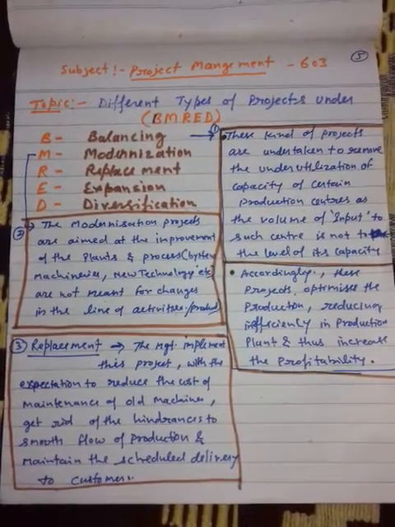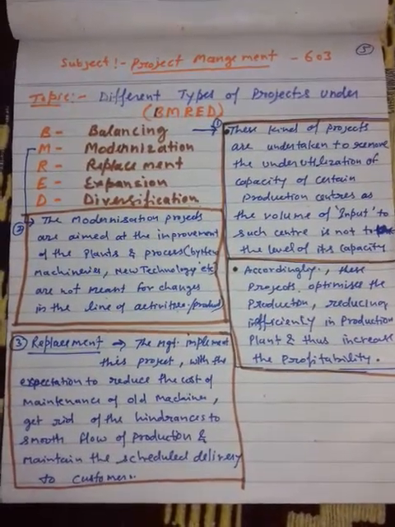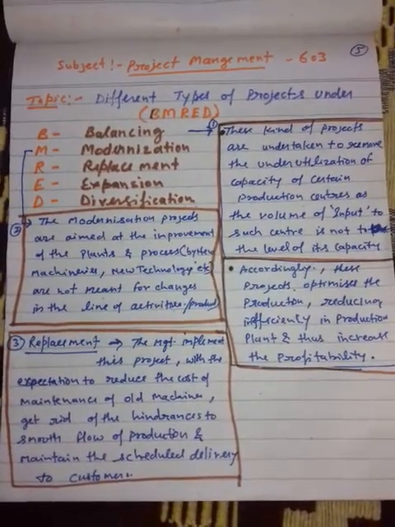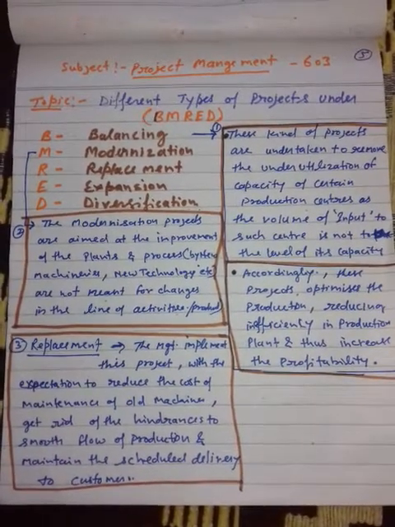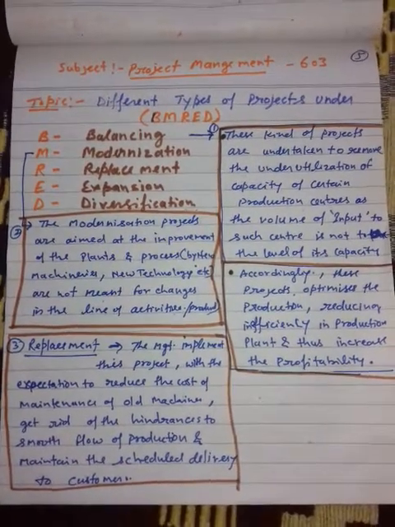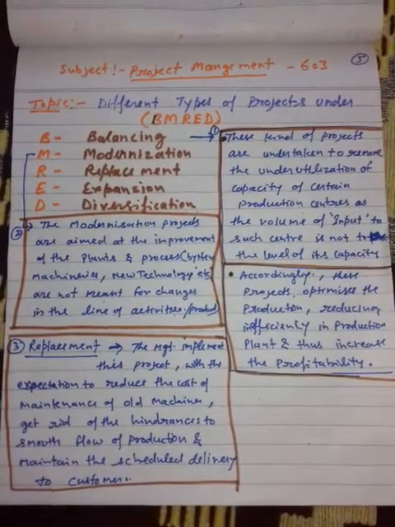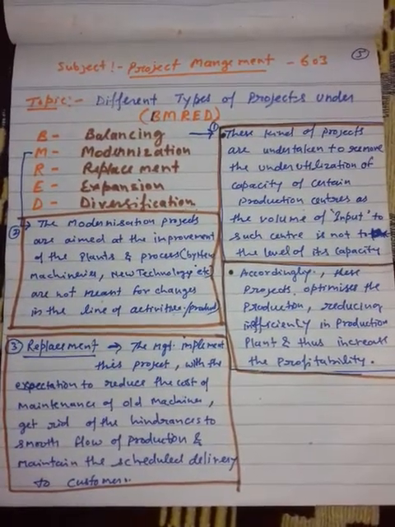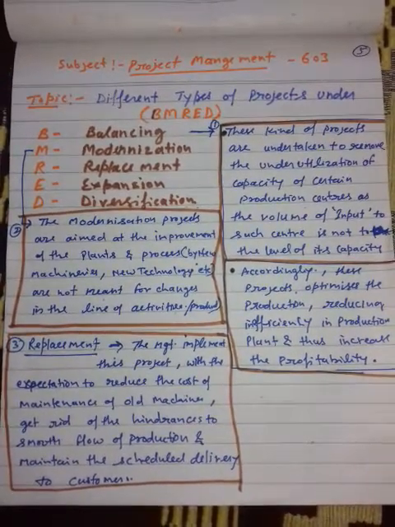So now the first one is basically different types of need based projects require different types of terms. The first is the balancing project. Balancing means the situation when the production process in a plant passes through different stages and through different machineries.